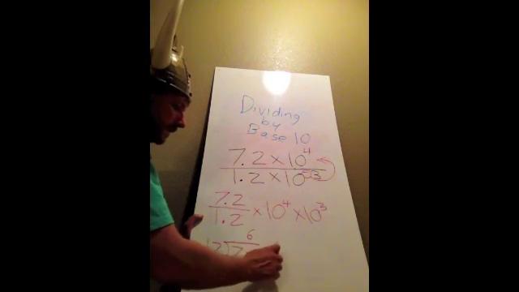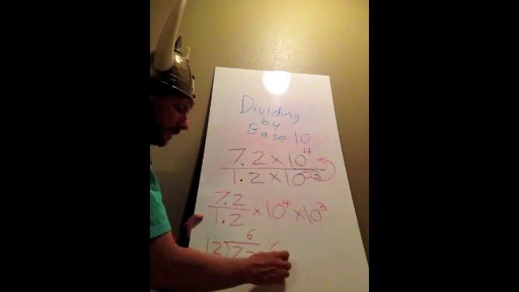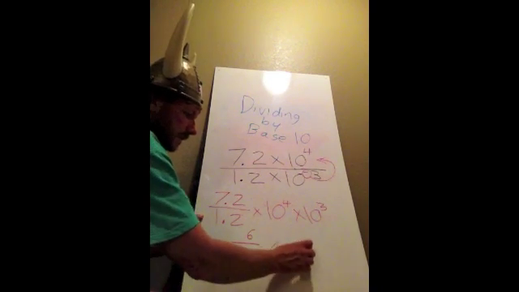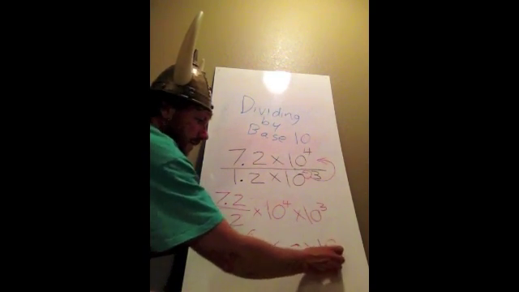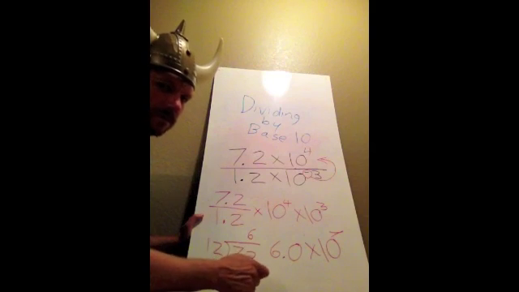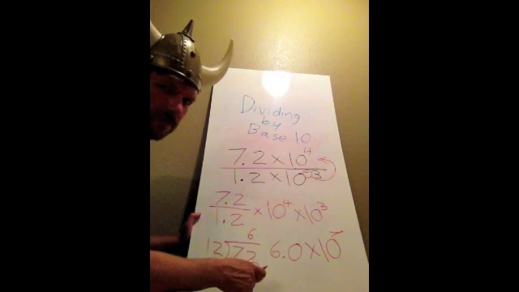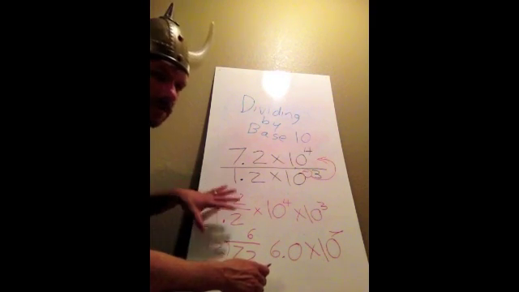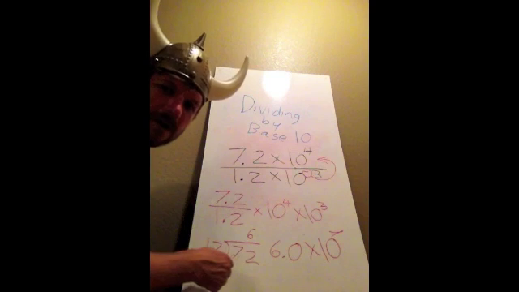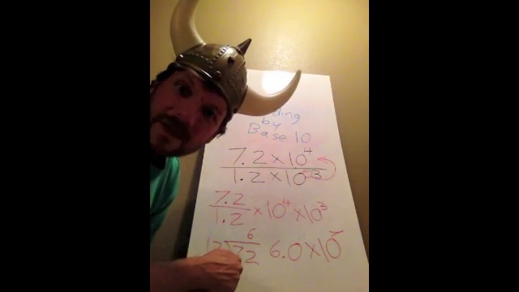So now we have 6. We're going to put our decimal point back in there. Times 10 to the 7 is our answer. This is going to take some practice. Okay? And we can do that. We'll do some practice. So don't stress about this. I want you to be comfortable. Get a thinking cap. It helps.